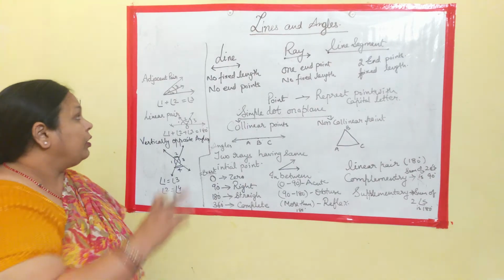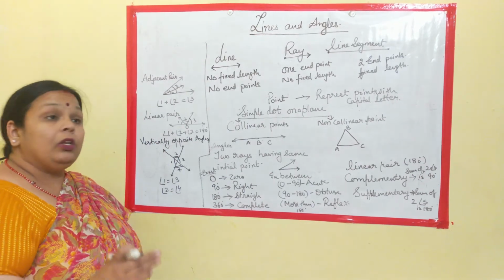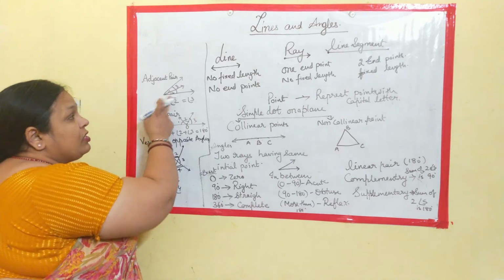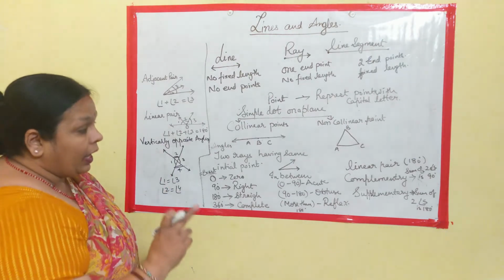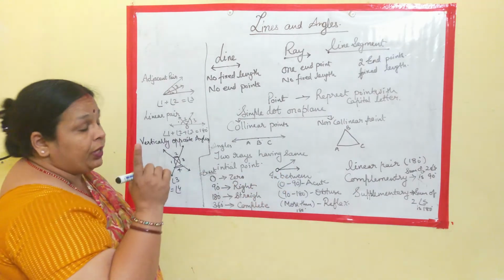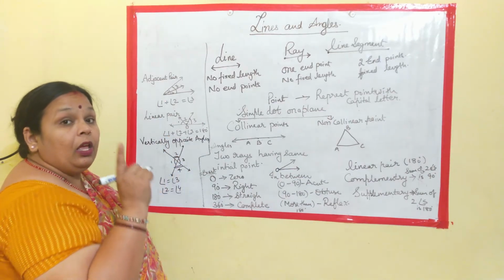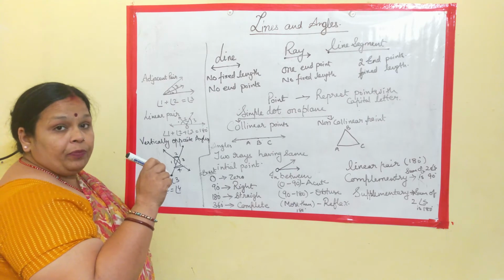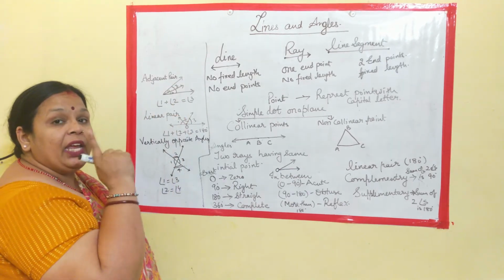Similarly for supplementary. Again when we say that it's an adjacent pair, then we need to know that in adjacent pair, in some of the textbooks as per the definition, an angle has one initial point, here it is O, with 2 rays. For adjacent angles, the initial point is the same. More than that, for 2 angles, 1 ray is common.